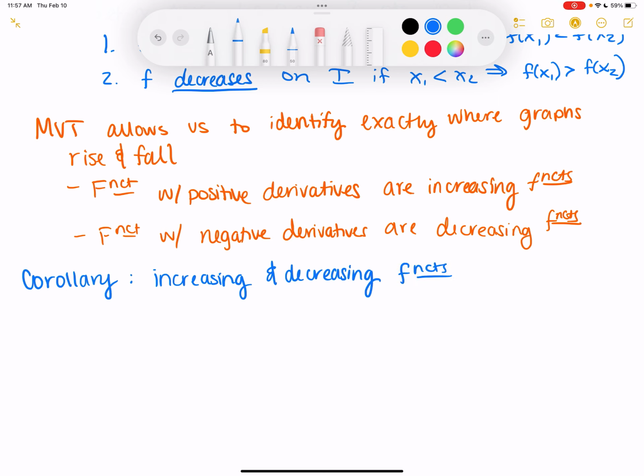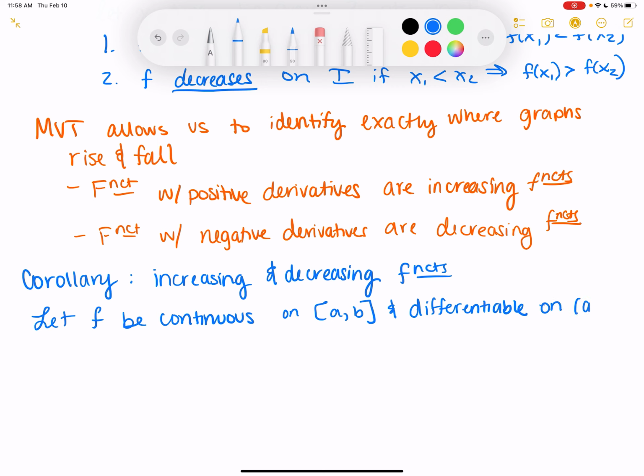So for that, it says to let f be continuous on a to b and differentiable on a to b.